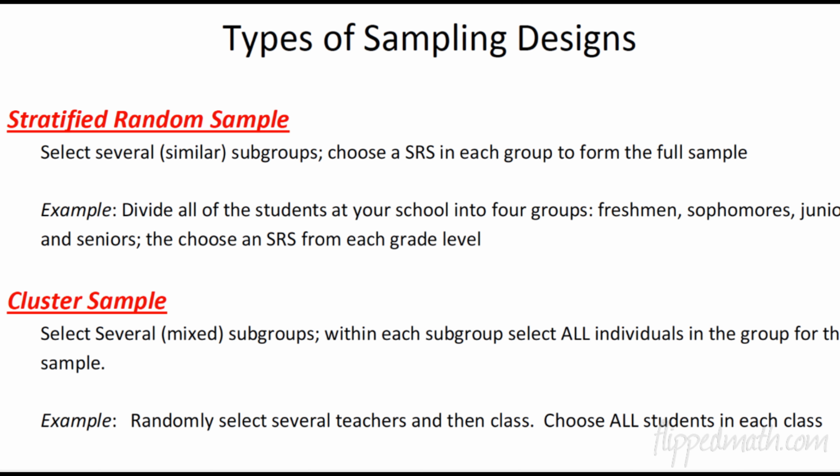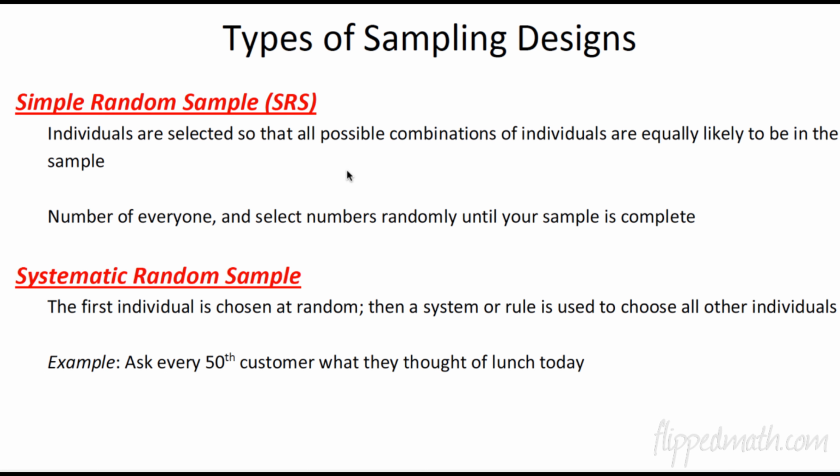But suppose you wanted to learn about your school lunch and you wanted to make sure that 4 different groups of people, freshmen, sophomores, juniors, and seniors, all are in your sample. If I did a simple random sample, then it's possible, although not likely, that my entire sample could all be freshmen. Or it's possible that they're all seniors. Or it's possible they're all girls or boys or whatever.